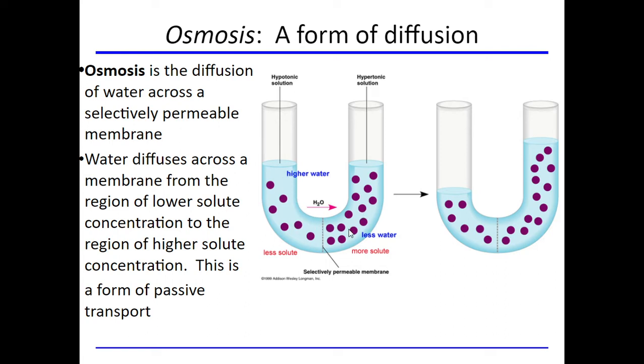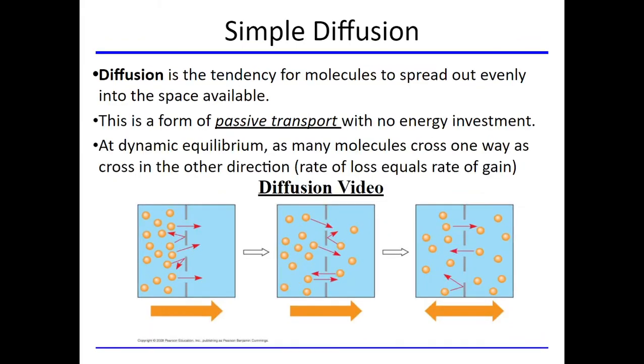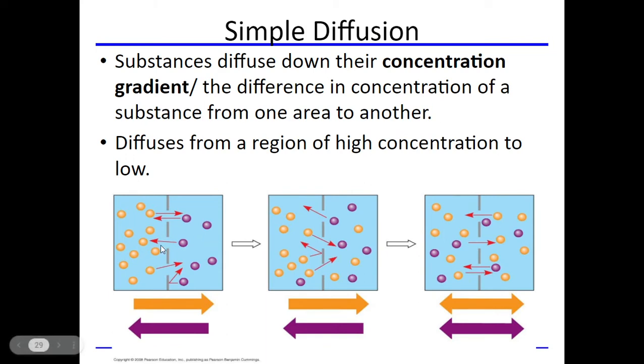Now this is probably going to get a little confusing, because we just said diffusion is moving from a high concentration to a low concentration. And you're right, it is. Of the stuff that we're talking about though, in simple diffusion, it's high concentration of yellow compared to low concentration of yellow, and high concentration of pink compared to low concentration of pink.